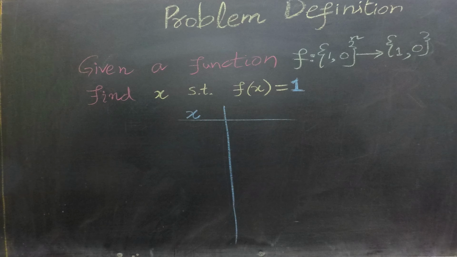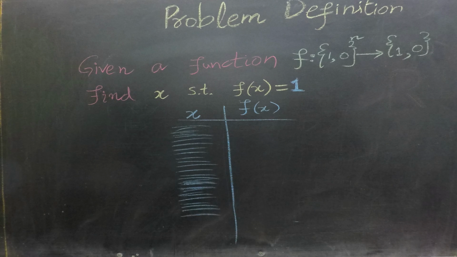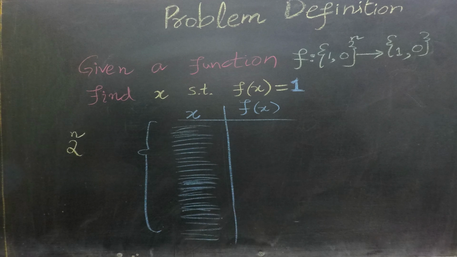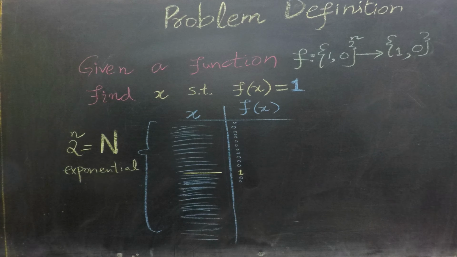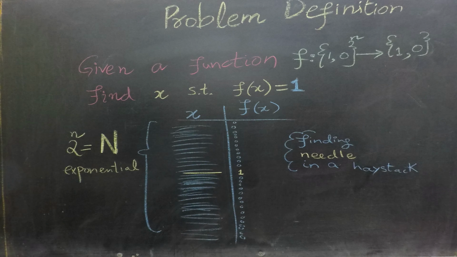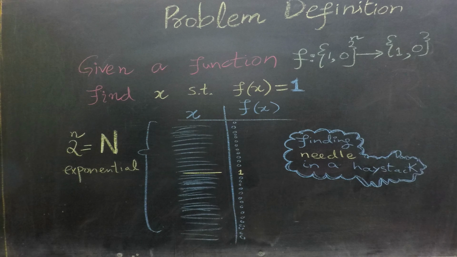It is important to note that our input space is huge, encompassing a total of 2 raised to power n inputs, also denoted as capital N. This represents an exponential input space. The function might yield a true output for a very small subset of its inputs. Consequently, this problem is sometimes referred to as finding a needle in a haystack.